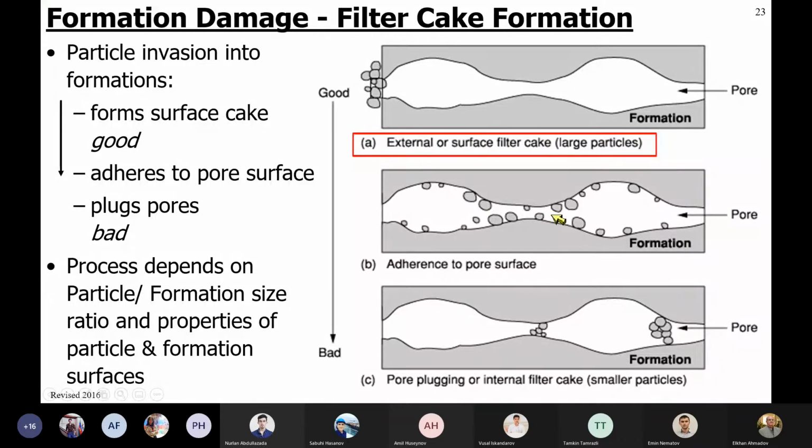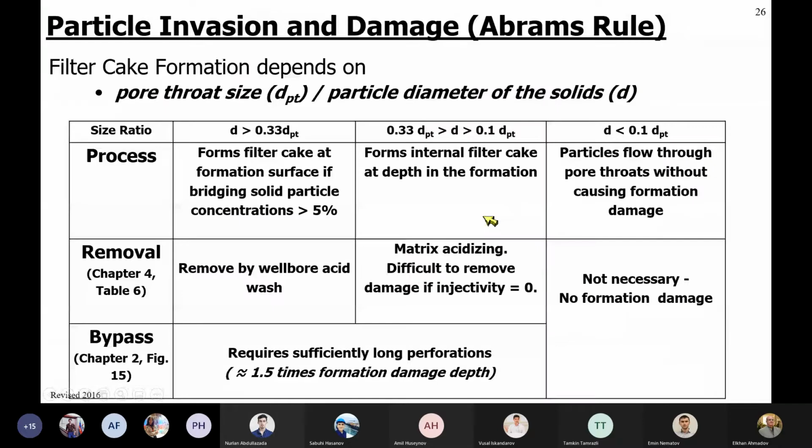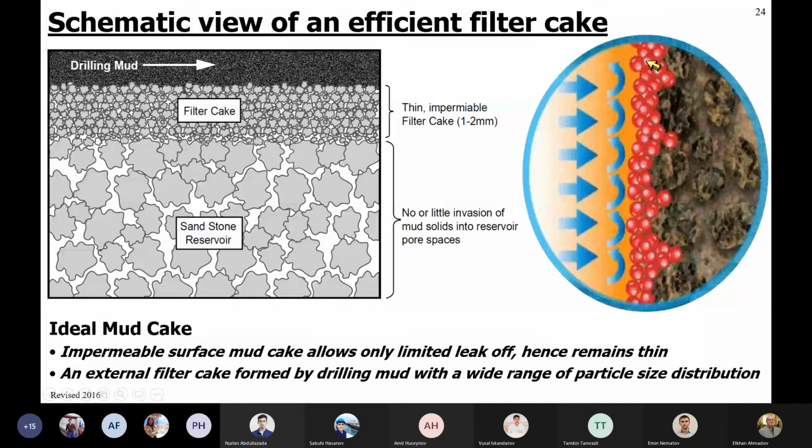A good filter cake should be a thin but impermeable skin on the wellbore, and it is achieved by using a wide range of solid particle sizes in the drilling mud, because various particle sizes create a permeability that is always less than the permeability of well-sorted, well-rounded grain or particle size.